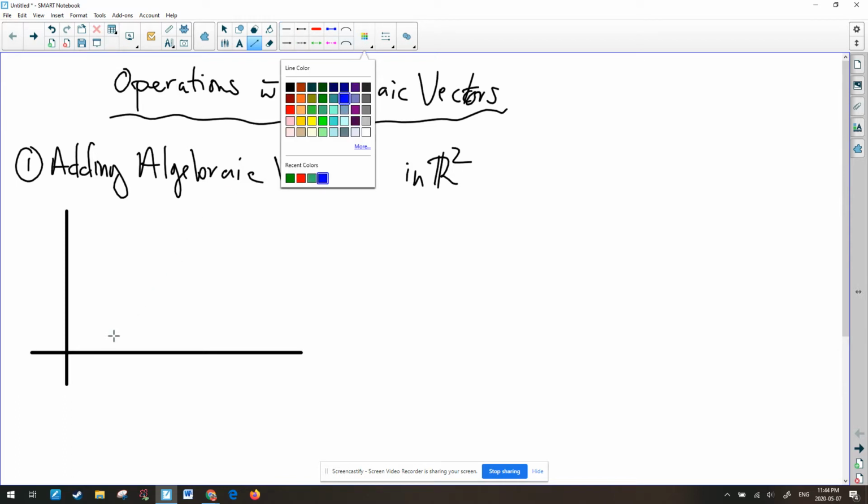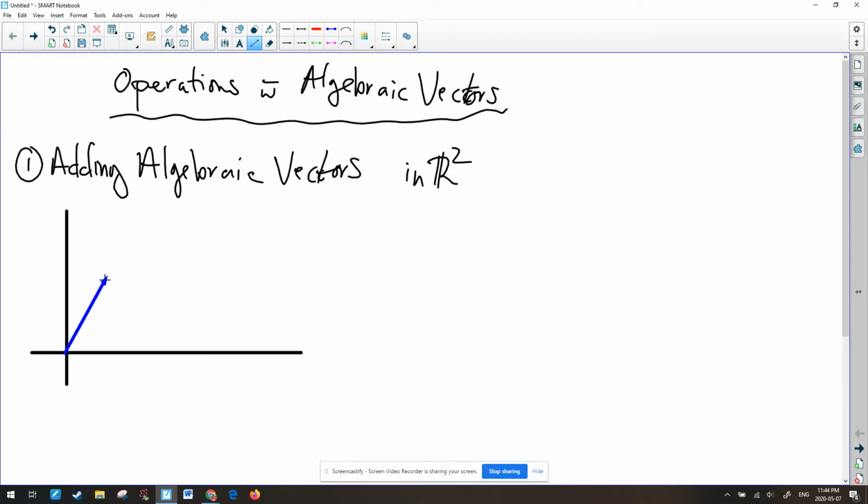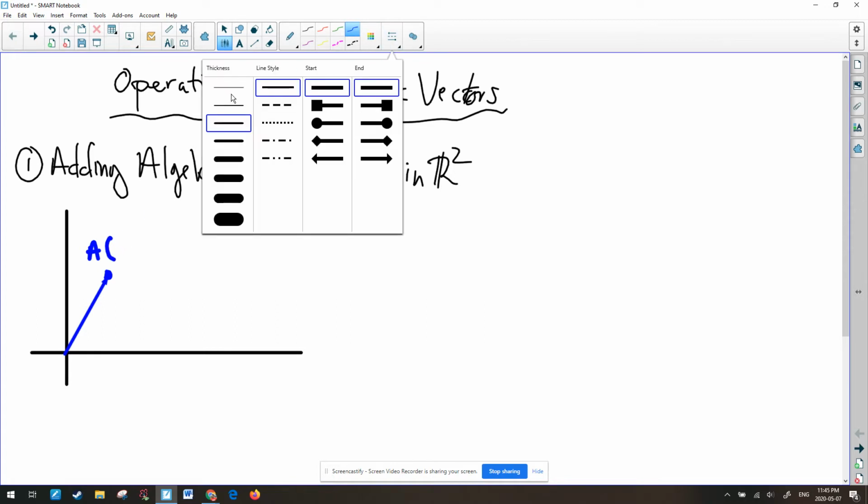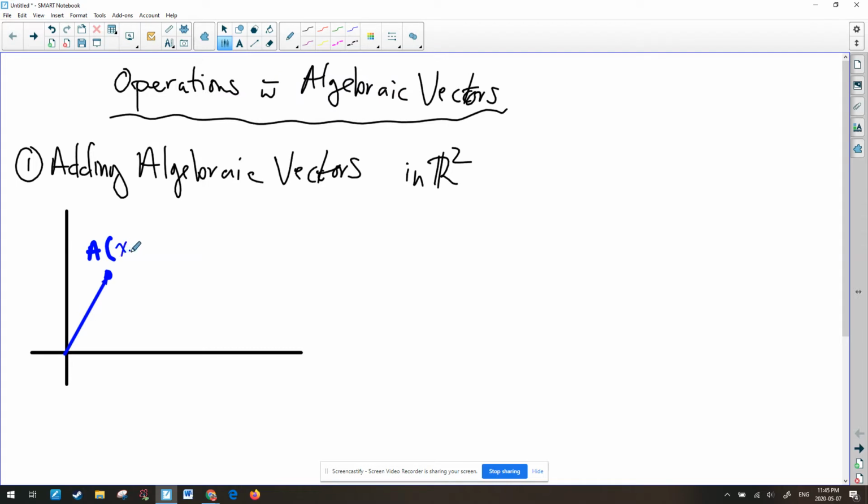We've got this vector here. Let's call this point up here, right here, we'll call this point A. And I'm going to just arbitrarily say that A resides at the point x1, y1. Right? And then we're going to have a second vector.